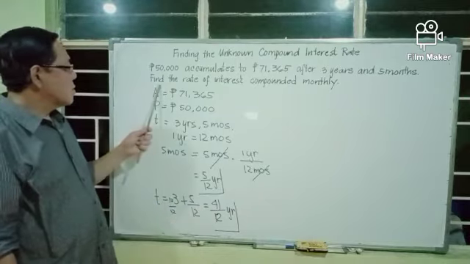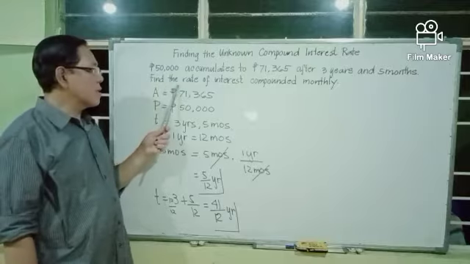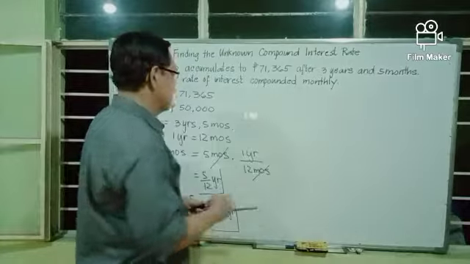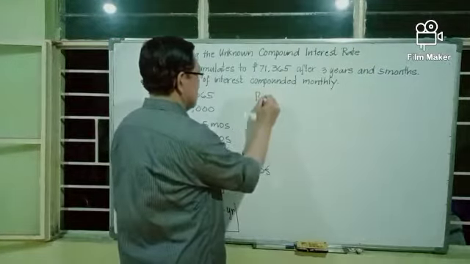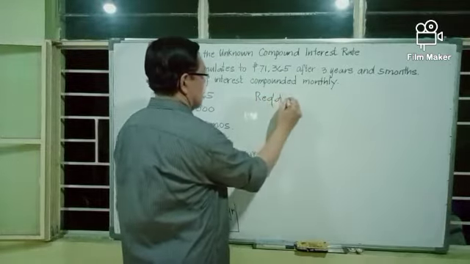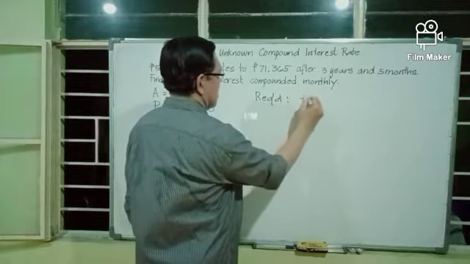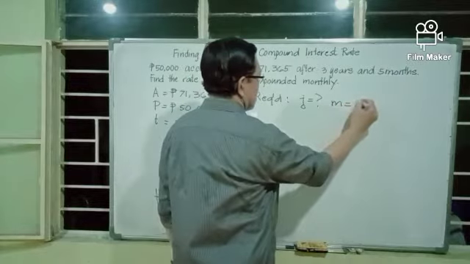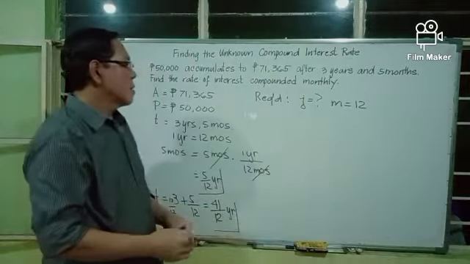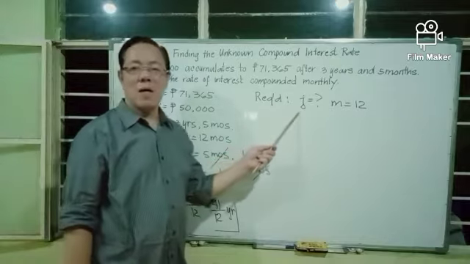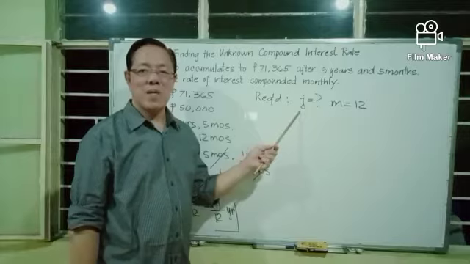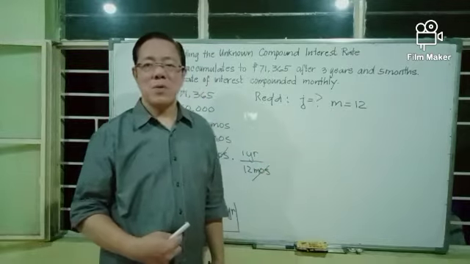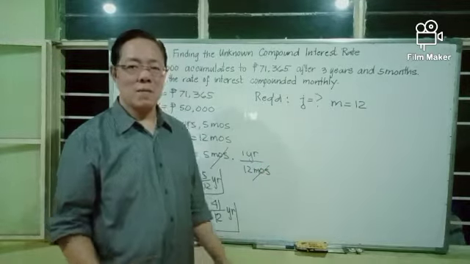The required is to find the compound interest rate, or the rate of interest compounded monthly, which means that interest will be computed 12 times in a year.